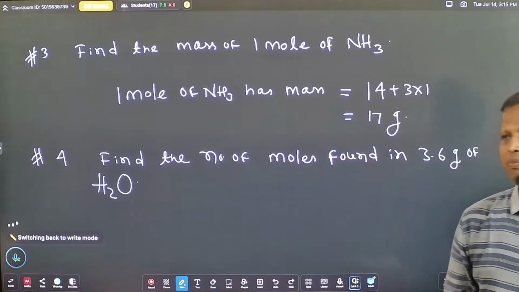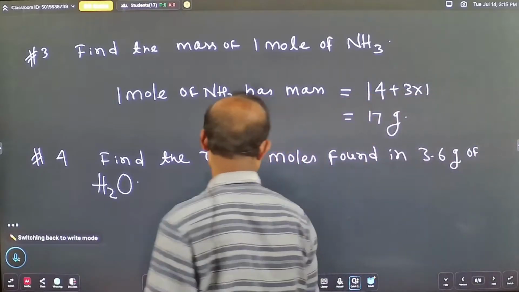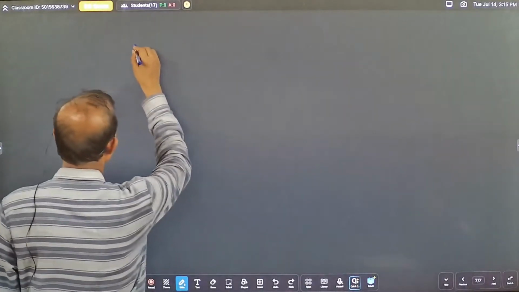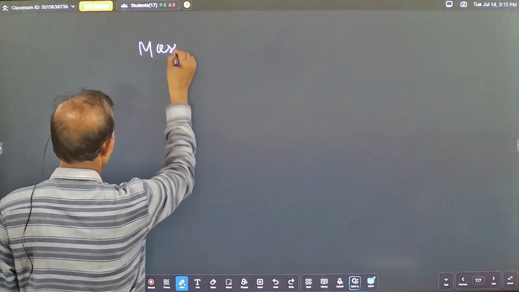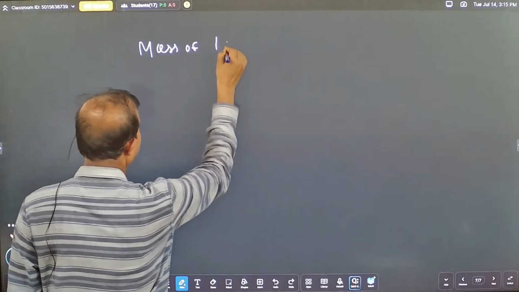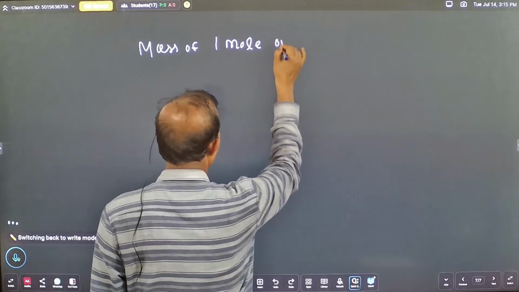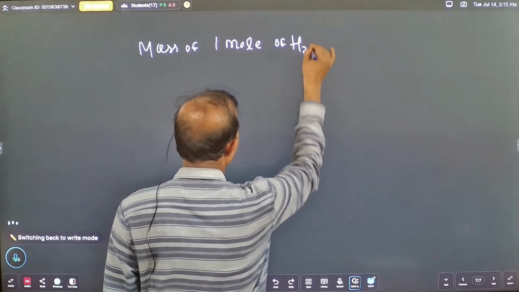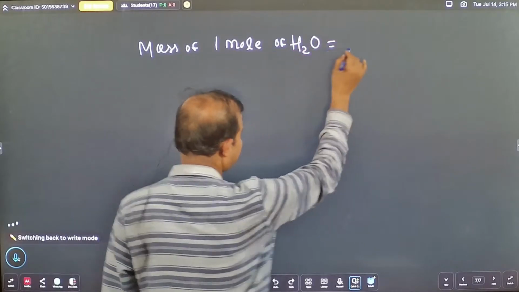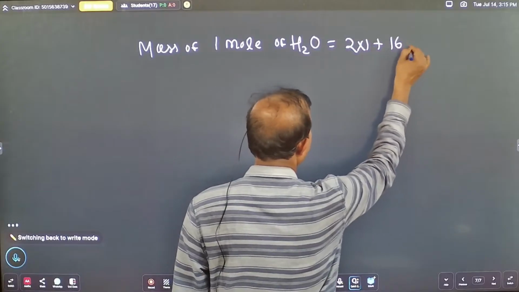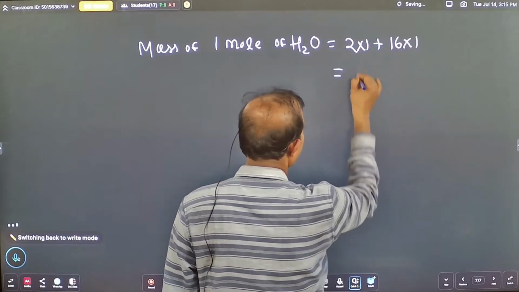So the mass of 1 mole of water equals its molecular mass expressed in gram: 2 into 1 plus 16 into 1. So it is equal to 18 gram.